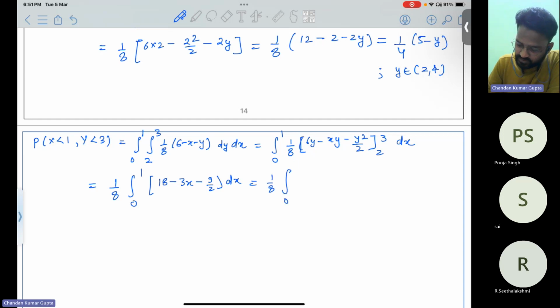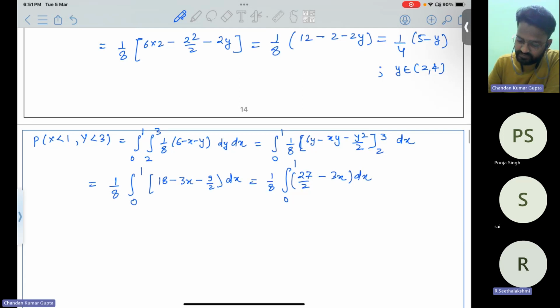Then 18 minus 9 by 2 is 27 by 2 minus 3x dx.